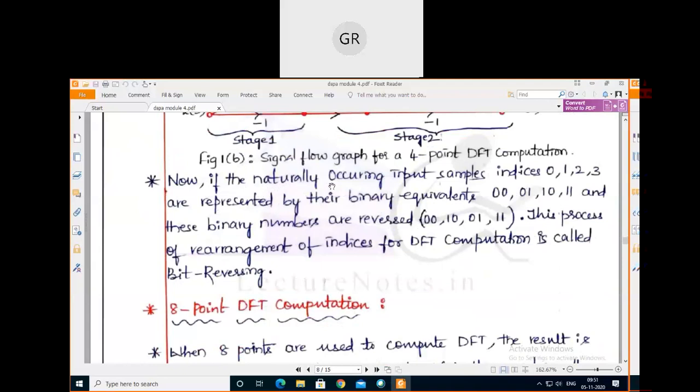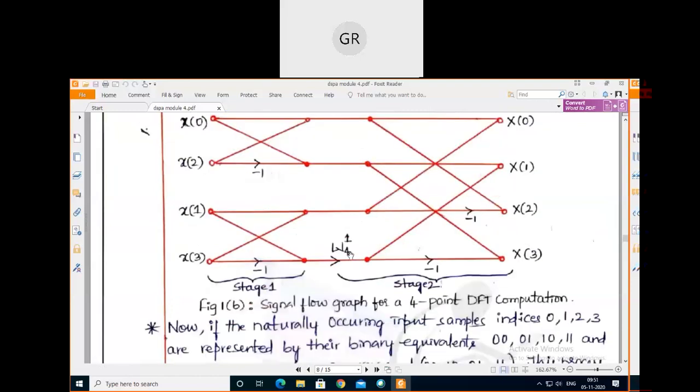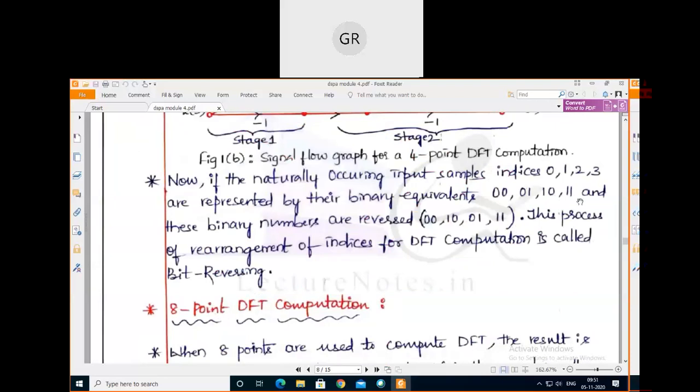Otherwise, see here. The naturally occurring input sample indices 0, 1, 2, 3 are represented by their binary equivalents 00, 01, 10, and 11. Then we can write it in bit reverse order, that means reading right to left: 00, 10, 01, and 11. Then this is 0, this is 2, this is 1, and this is 3.